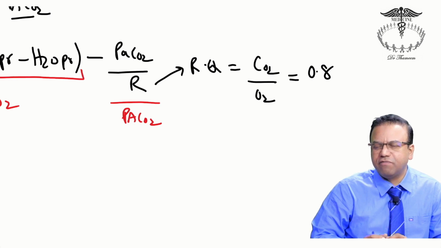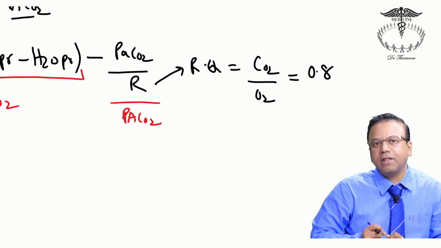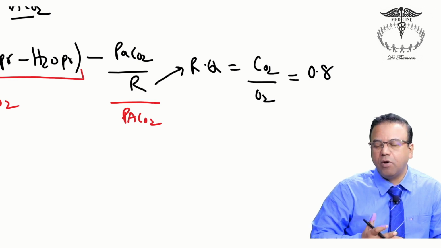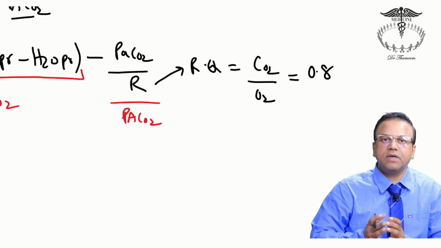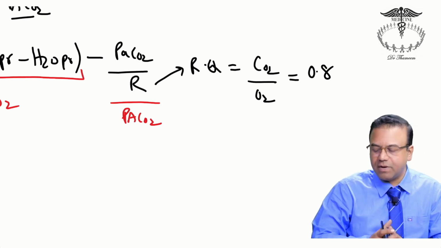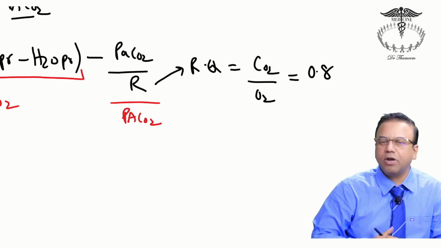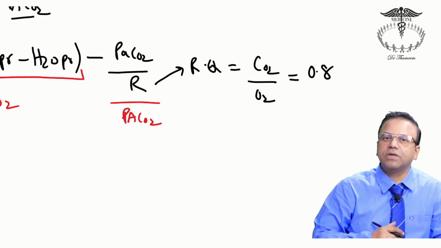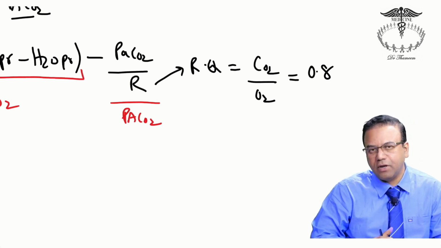For every 1 gram of metabolic activity consuming oxygen to burn energy, how much carbon dioxide is produced. So we calculate respiratory quotient for individual proteins, fat, carbohydrate, and the entire body together we are measuring. The respiratory quotient is the volume of carbon dioxide produced by the body per minute to the amount of oxygen consumed by the body, and this is roughly around 0.8. This is known as the respiratory quotient.